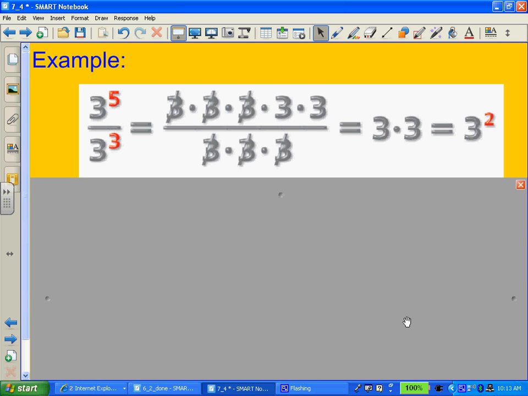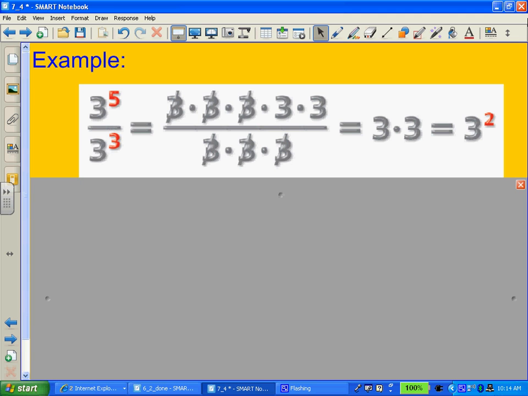Now a little bit of a mathematical proof of where we get this property from. If I have 3 to the 5th over 3 to the 3rd, hopefully you'll agree with me that 3 to the 5th is the same as 3 times 3 times 3 times 3 times 3, and 3 to the 3rd is the same as 3 times 3 times 3. If I write it out like this, which you don't have to do, I'm just showing you why this works mathematically.